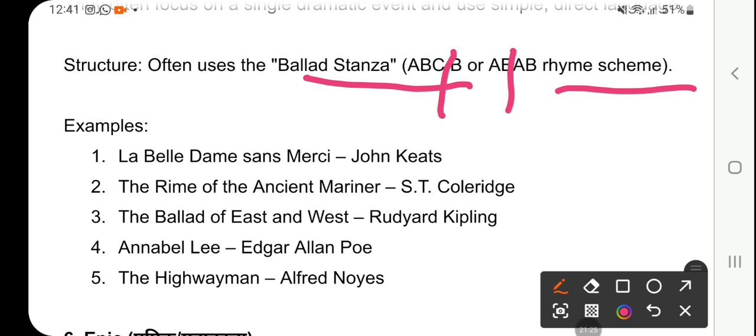Examples: La Belle Dame sans Merci by John Keats, which is in the French language. Then The Rime of the Ancient Mariner, which you must have studied in school days, by S.T. Coleridge, and Kubla Khan, and others. In that poetry he talks about a very beautiful dome.